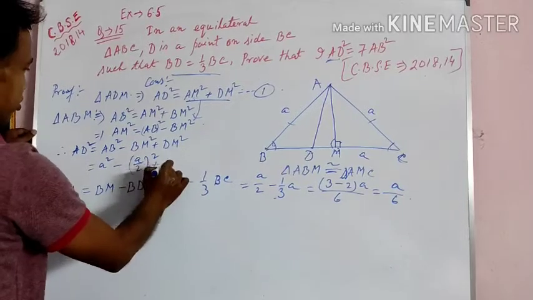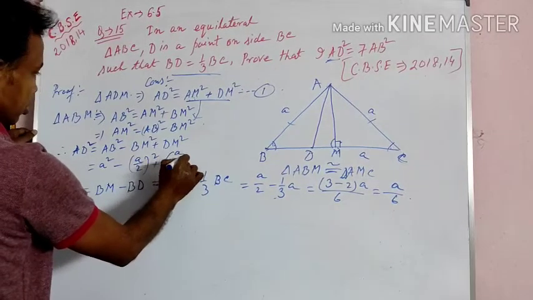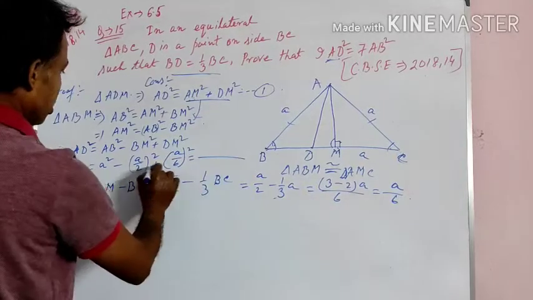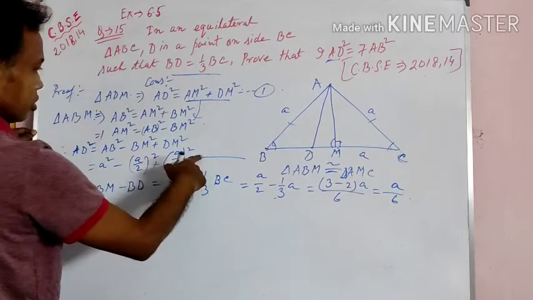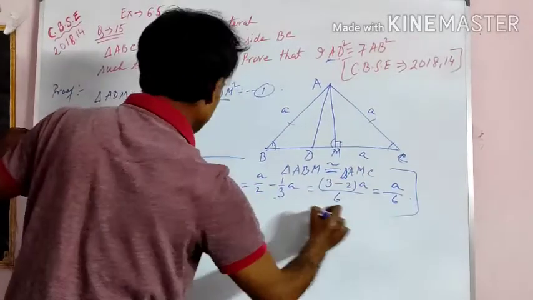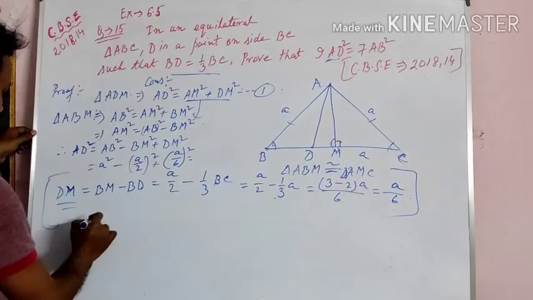So here put the value of DM, which is A by 6, whole square. After that we will solve it.